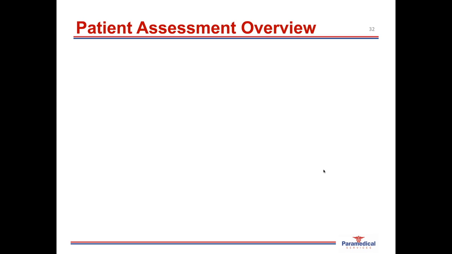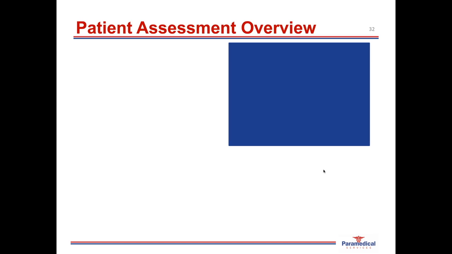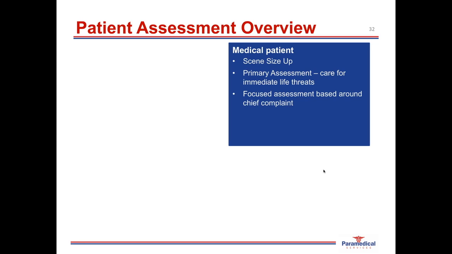In overview of the patient assessment, for the medical case, a scene size-up should be conducted, a primary assessment, a focused assessment based around the chief complaint, AMPLE and PQRST assessments, baseline vital signs, and continued reassessments before handover.